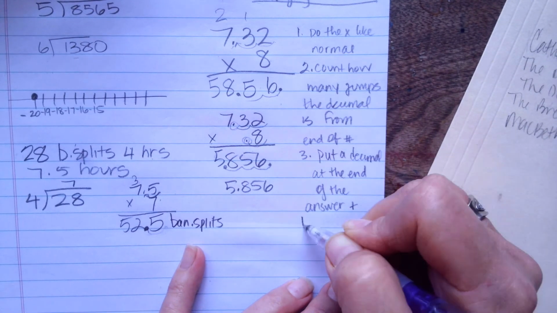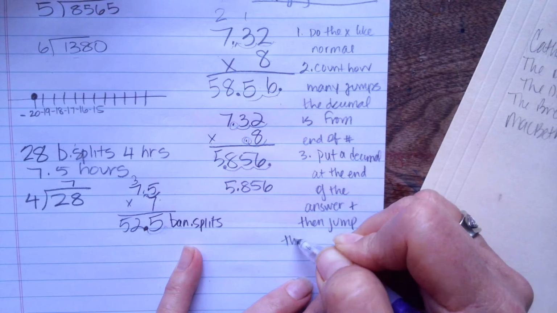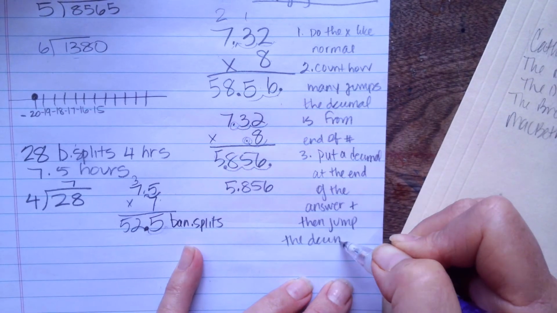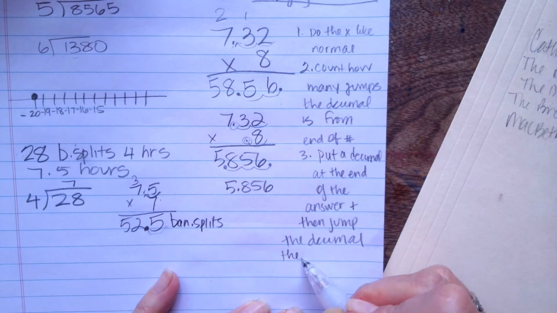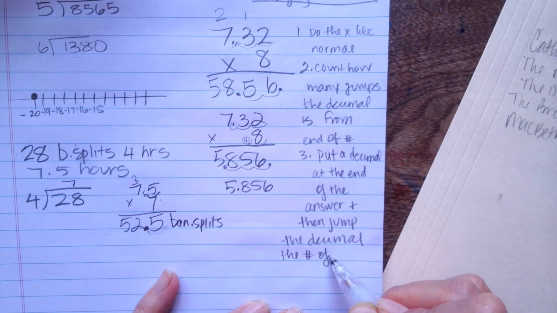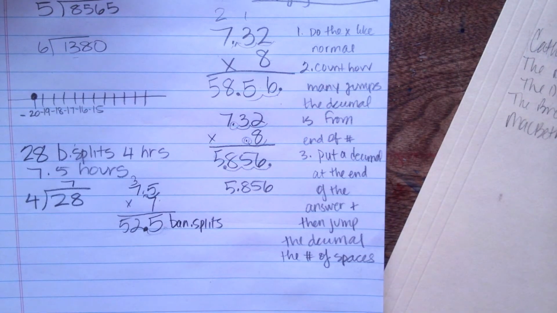And then jump the decimal the number of spots or spaces. Make sense?